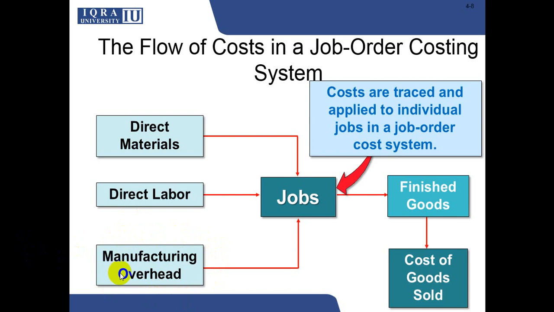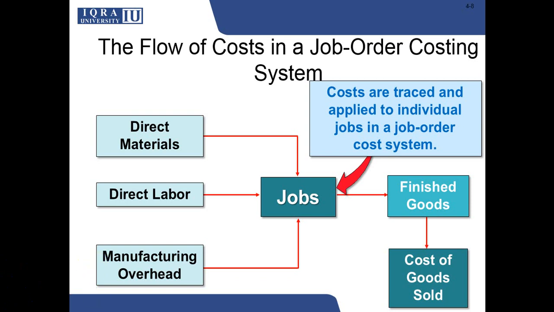Again, the factory overheads. There is a lot of confusion among students about what is included in the manufacturing overhead. All factory related items are part of the manufacturing overhead. You can say the depreciation of factory, the depreciation of factory equipment, the insurance of the factory building, or indirect labor, indirect material, and a number of things, right?